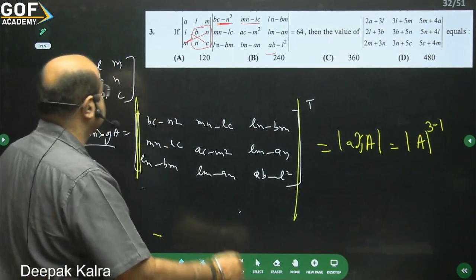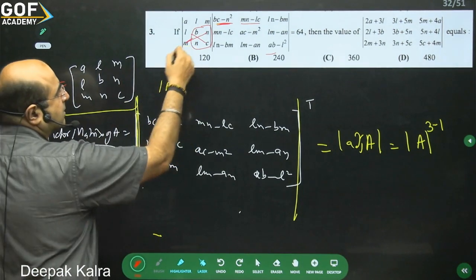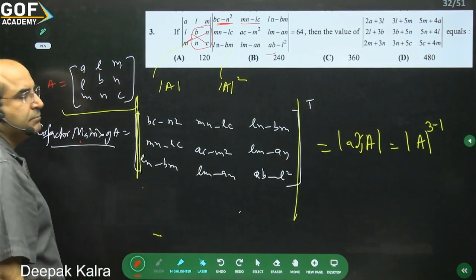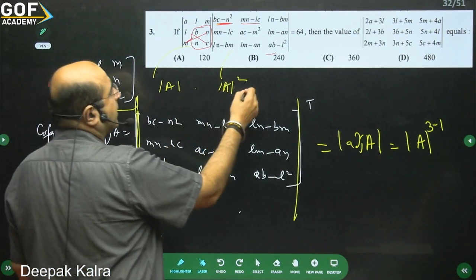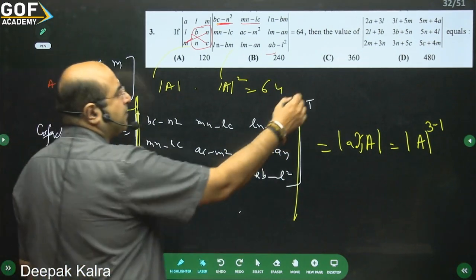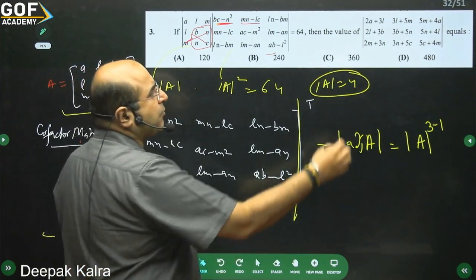Clear? So, this is determinant A, this is nothing but determinant A square. We got determinant A cube as 64. Determinant A becomes 4. I want to know this.